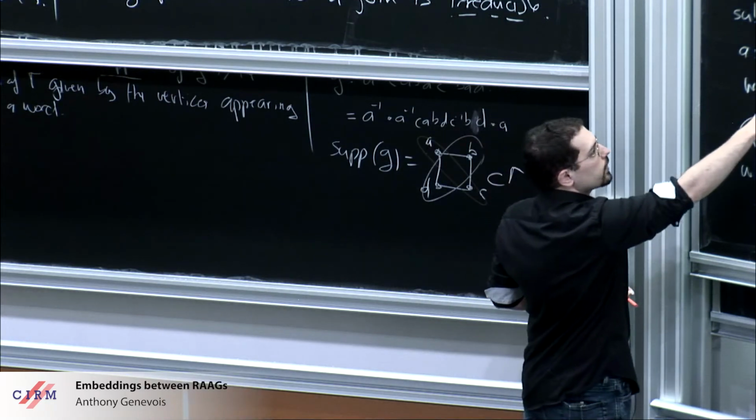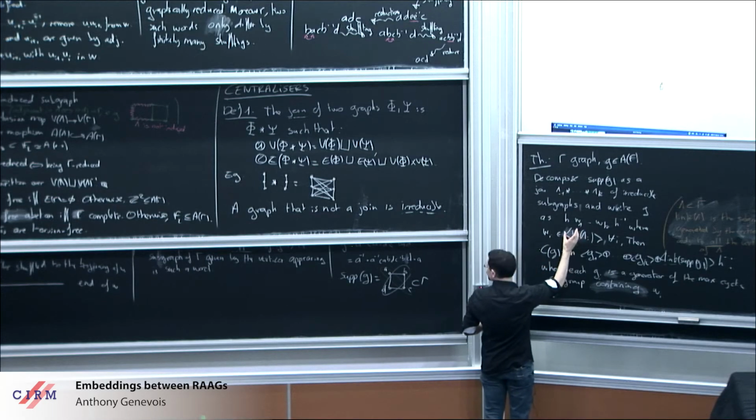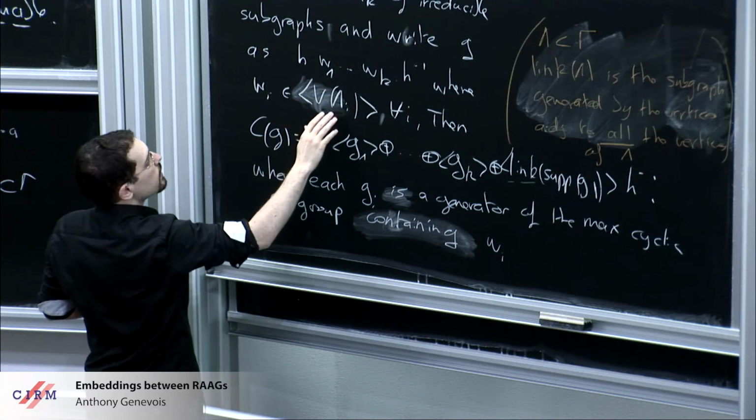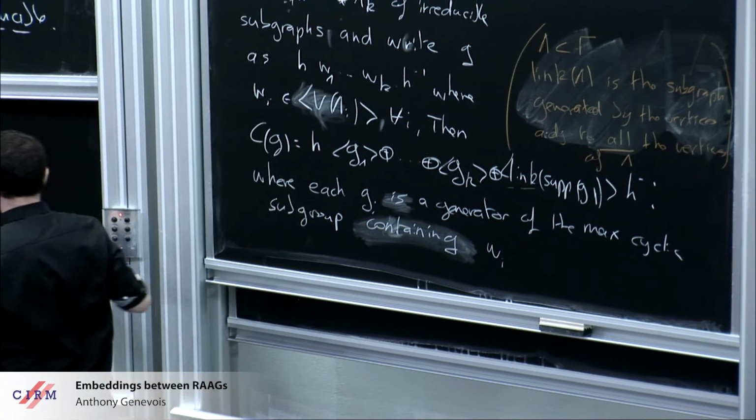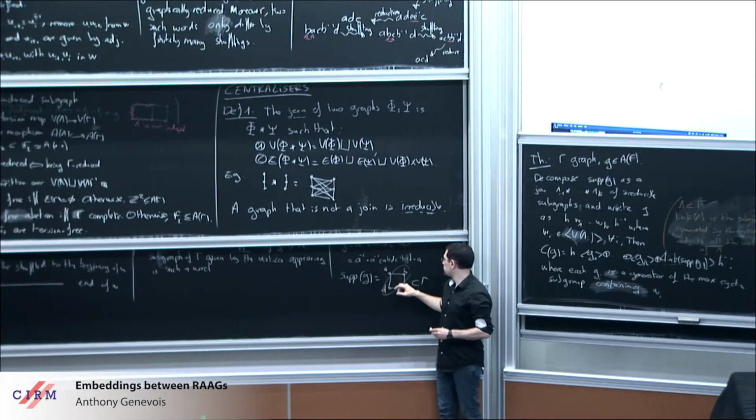Now I write G in this form. So I want to separate the subwords given inside the lambda I. In this word, I want to separate the subwords given by AC and BD.